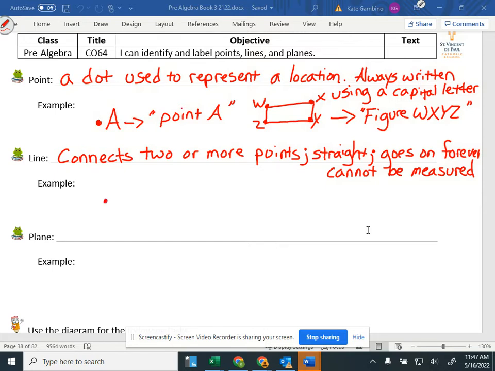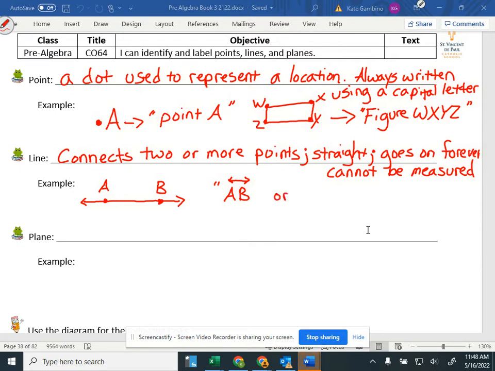So if we have point A and point B, we can connect them, and we do the arrows to show that it's going to continue on and on and on. We could write this as line AB, and we put our little arrow line above it so we know it's a line. AB is a line that continues on.